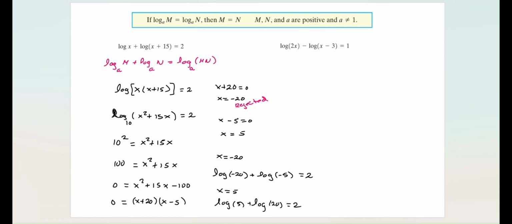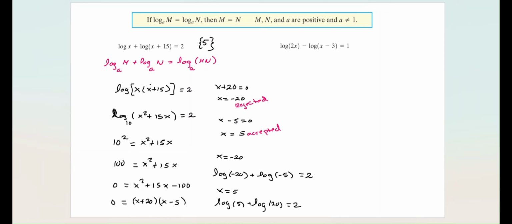So this solution can be accepted. In this case, we have only one solution, and that solution is just 5. So negative 20 is not a solution of this logarithmic equation.